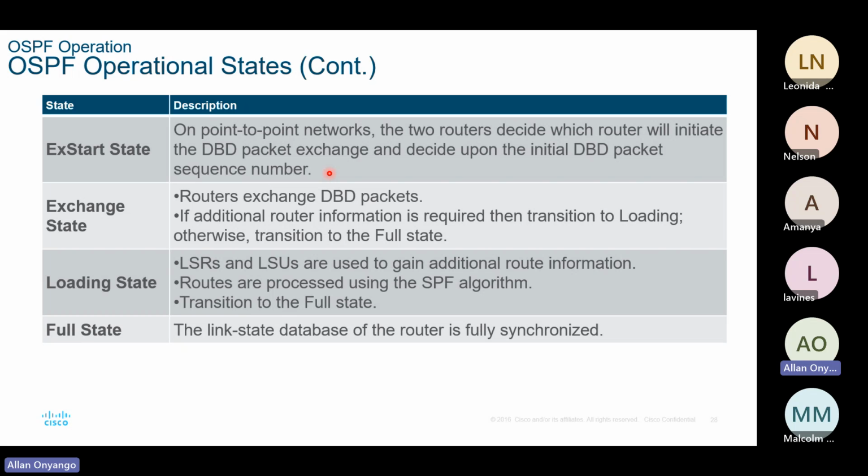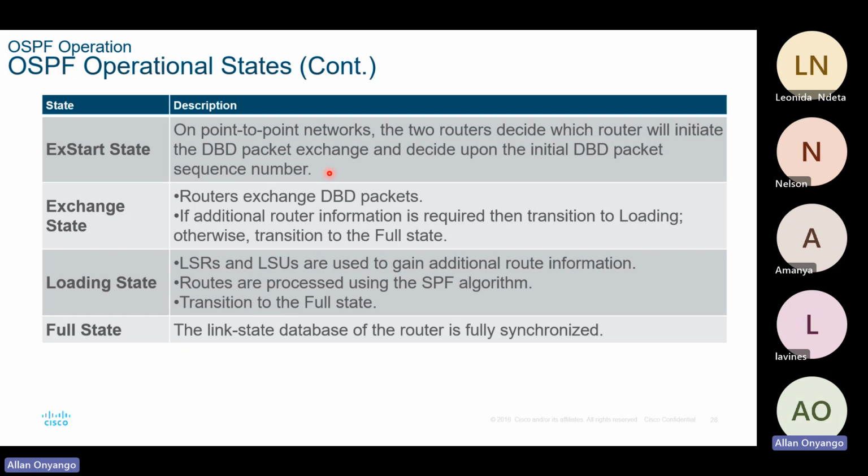If the router needs any more information, they need to move to the next state, which is the loading state. And at the loading state, of course, there is an exchange of the link state request, and the router will get a link state update. Okay. And of course, send acknowledgement. So from the exchange state, you only move to the loading state if you need more information.